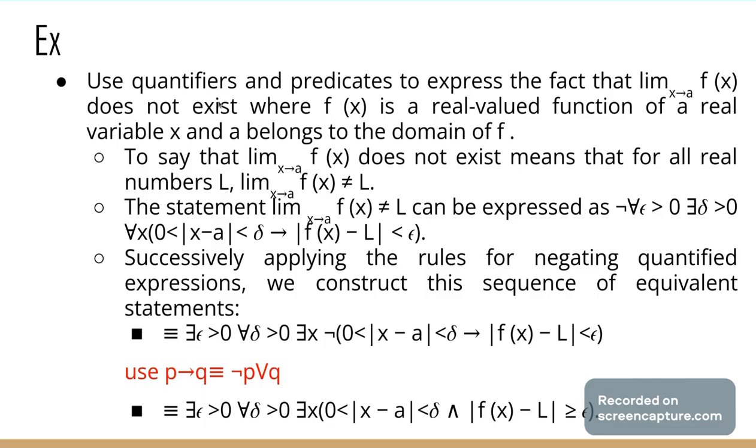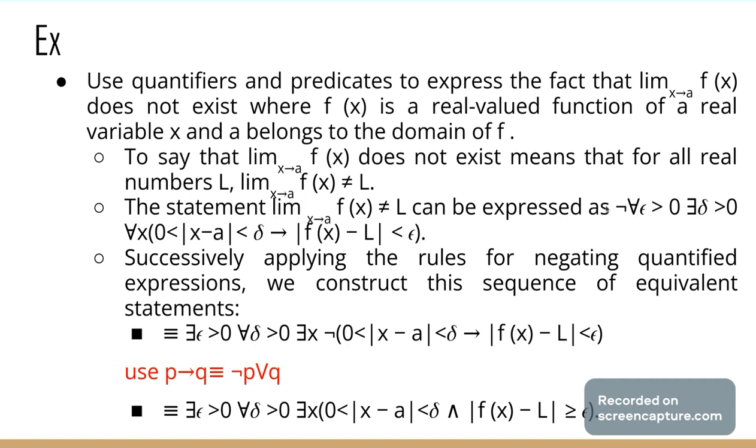Now this is the limit statement, and we are supposed to find the negation of the limit statement. We already know the nested quantifier statement for the limit statement. It was given as for all epsilon greater than 0 there exists delta greater than 0 for all x such that 0 less than absolute value of x minus a less than delta implies absolute value of f(x) minus L less than epsilon.